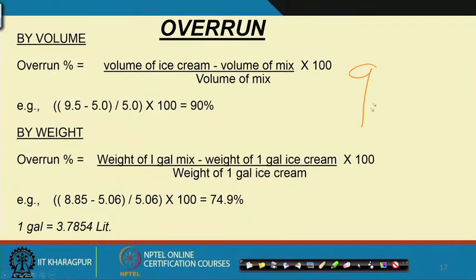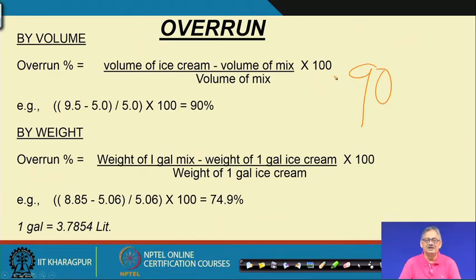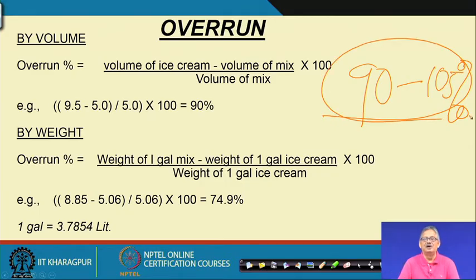The controlling authority has kept this in mind, and that is why they made it so that any ice cream cannot have less than 90% overrun or more than 105% overrun. So, overrun should vary between 90 and 105.